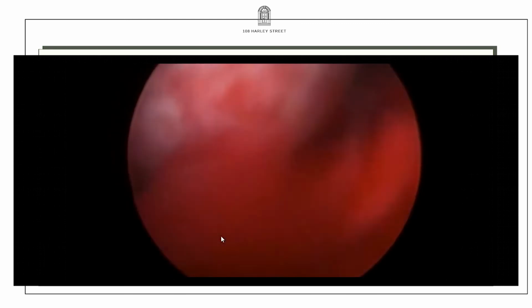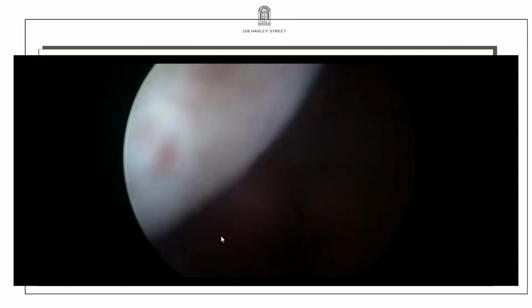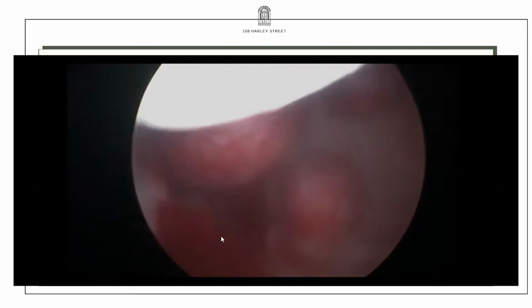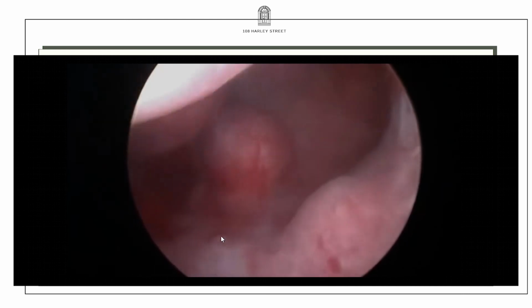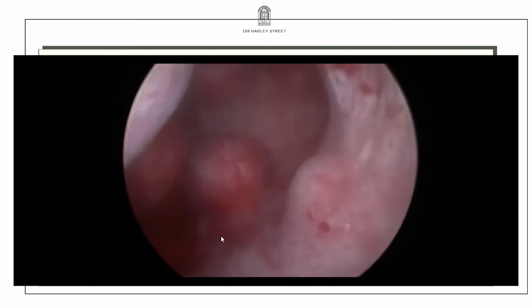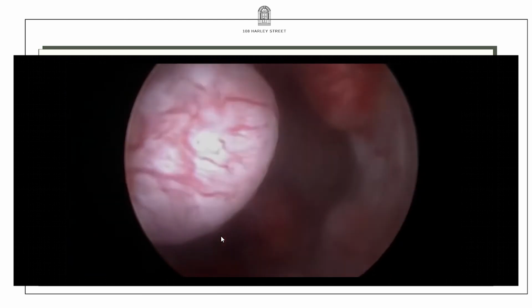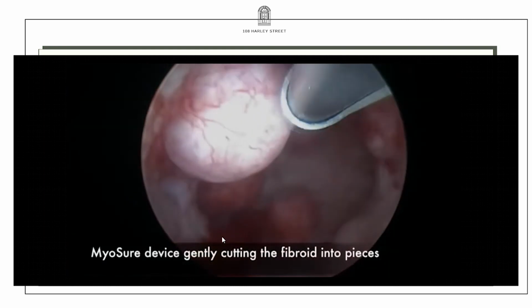Okay, so this is MyoSure technology. It's very good for type 0 submucosal fibroids, and when the fibroids are soft.